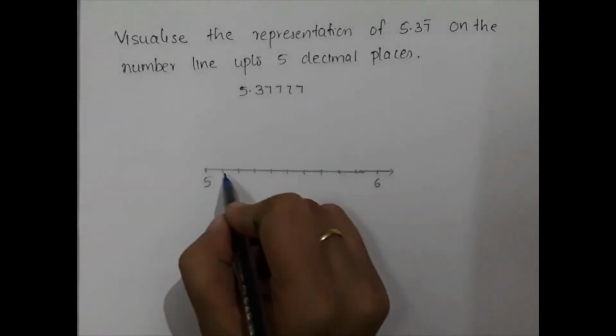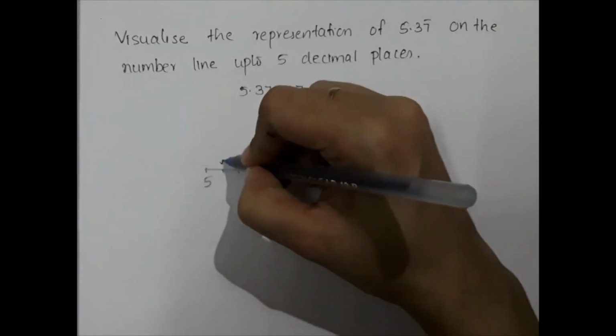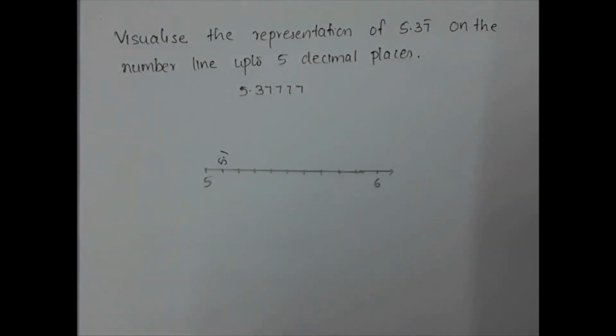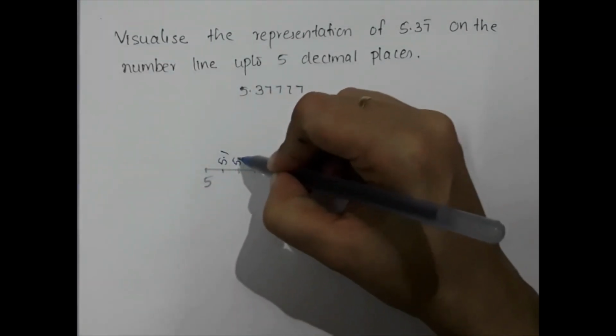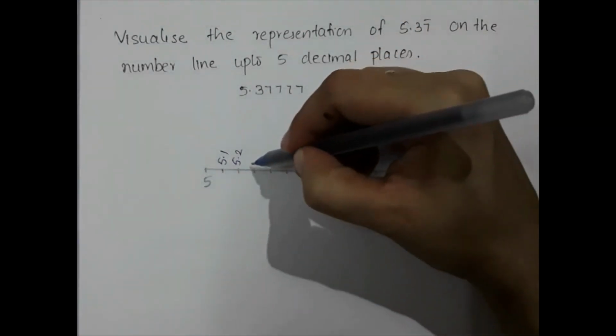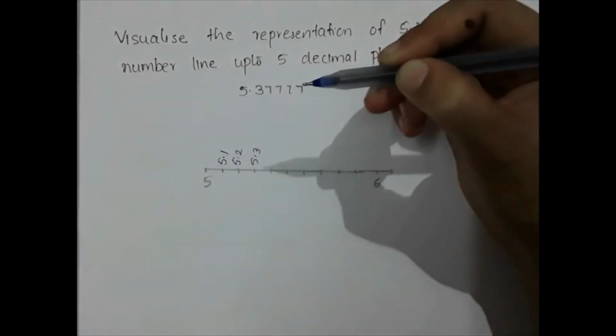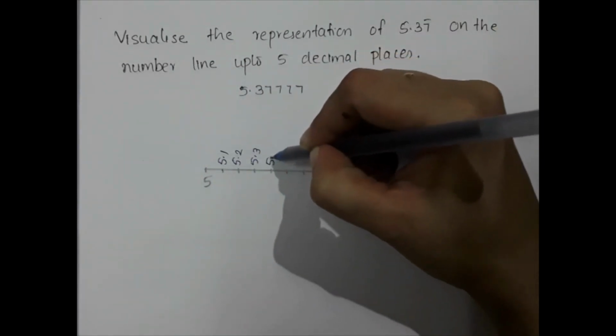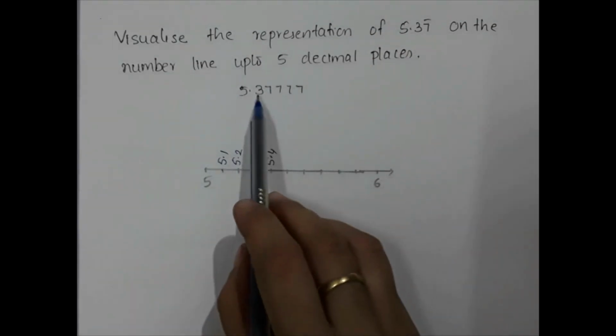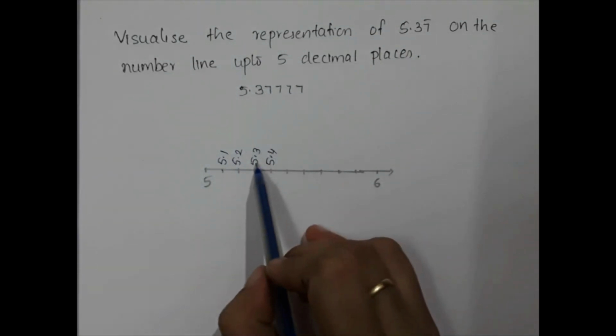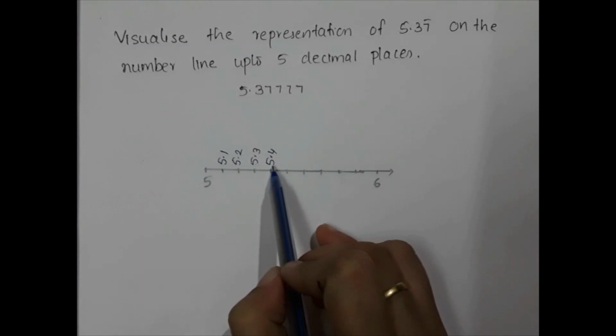Then the first one represents what? 5.1. Okay, next one represents 5.2. Next represents 5.3. Next represents what? 5.4. Okay, we need 5.37, is it? That is between 5.3 and 5.4.